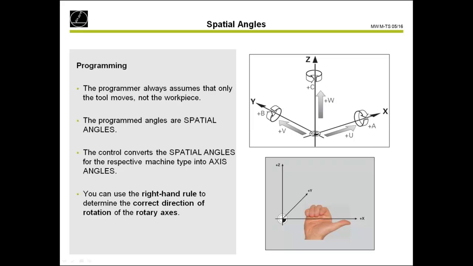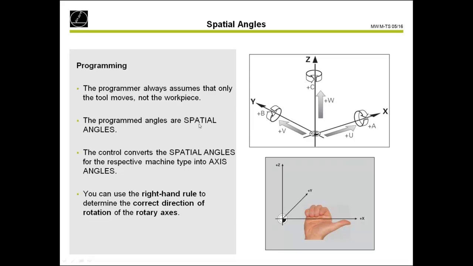So you see it when you compare it with the picture above, you see a plus, the same direction of the fingers. And this example you can use also with the B and the C rotary axis.